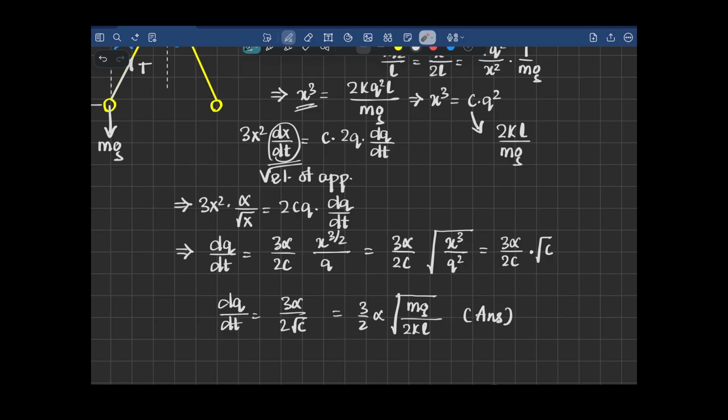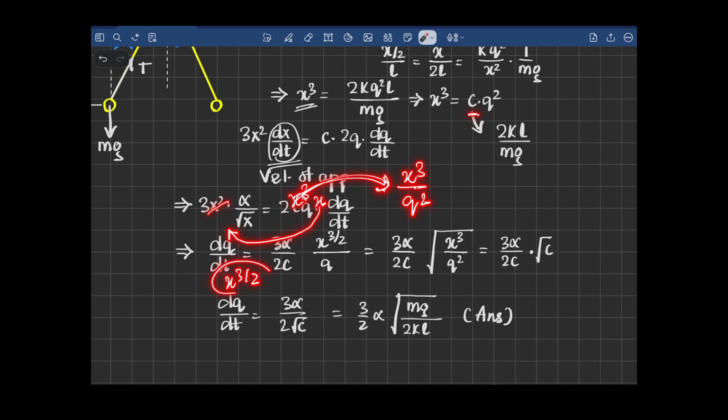See, we can get a variety of answers here. In this equation, if I replace c as c equals x cube by q square, then there will be an x cube term, and x square and x cube will cancel out. There will be a single x term left. That x term can go here and gives us x to the power 3 by 2. So even though the final answer will look different, if we put the values, our final answer will be the same.